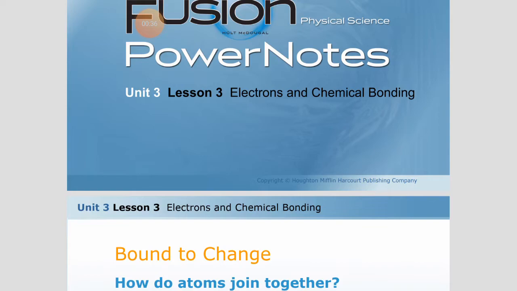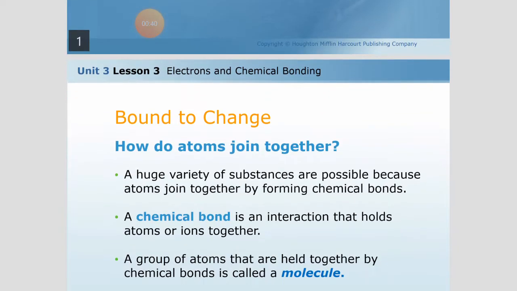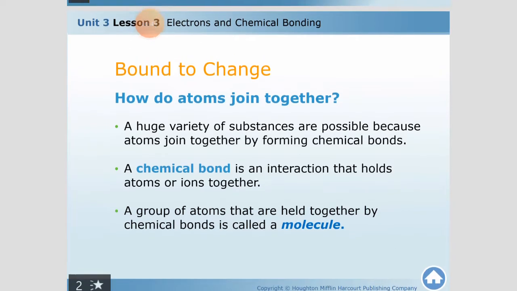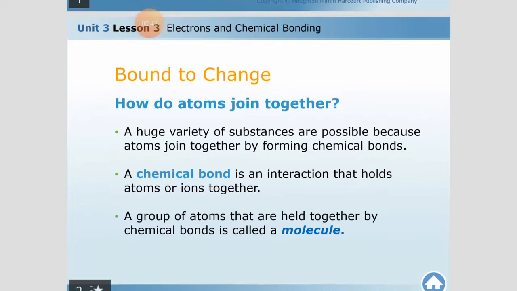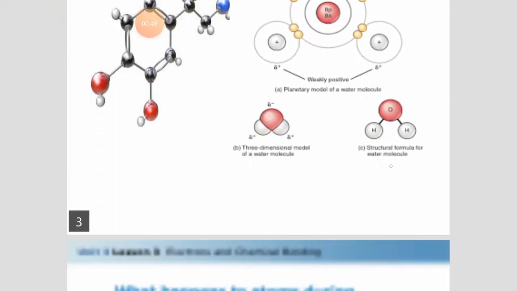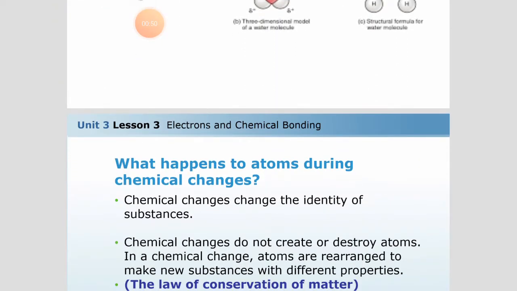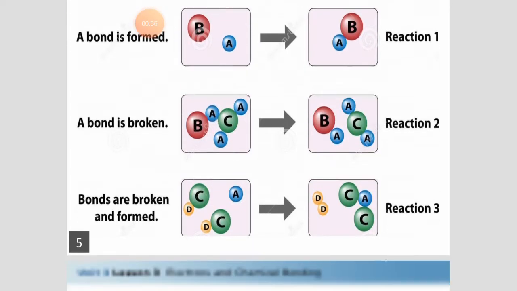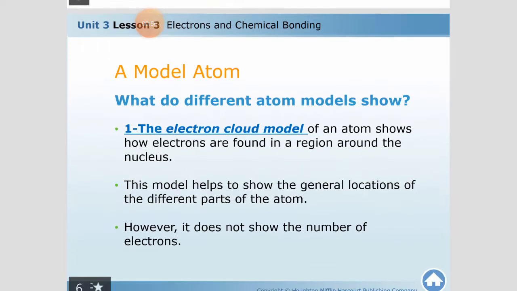This is very important. We'll understand first what chemical bonds are, how molecules can be formed, then what the valence electrons are. We started talking about valence electrons before.